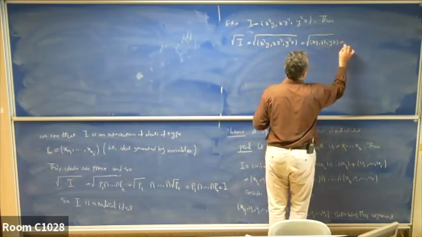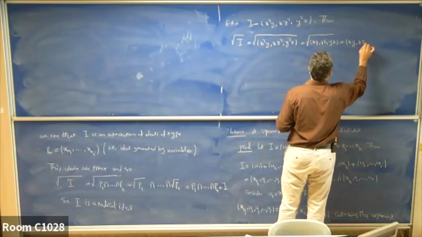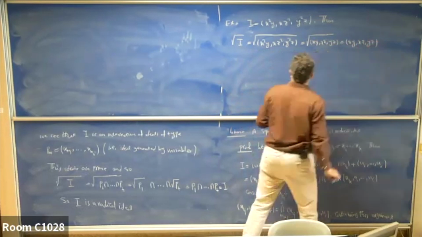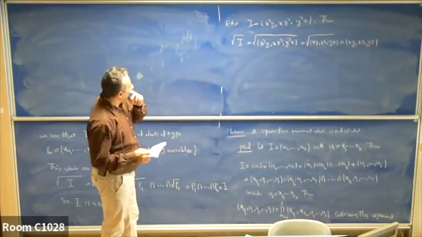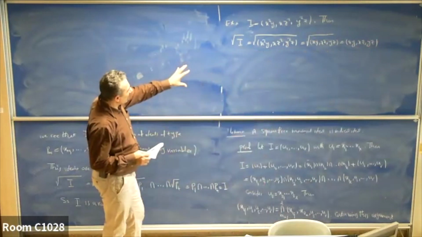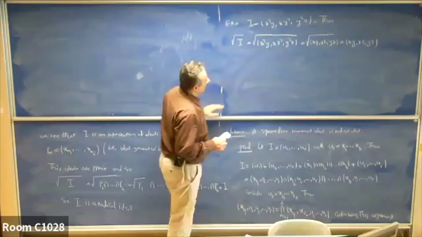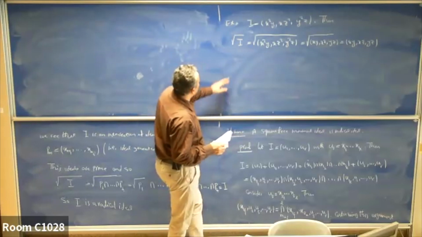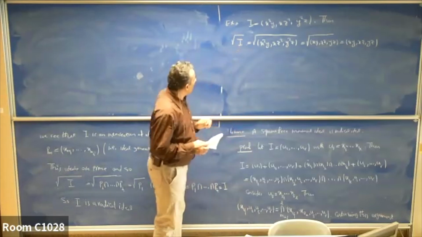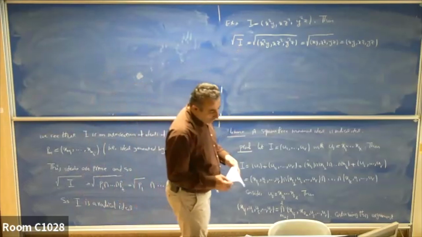And this is square free. So the radical of the ideal is equal to this one. This is a very good definition, because by this definition, the minimal prime ideals of I are very easy to find.